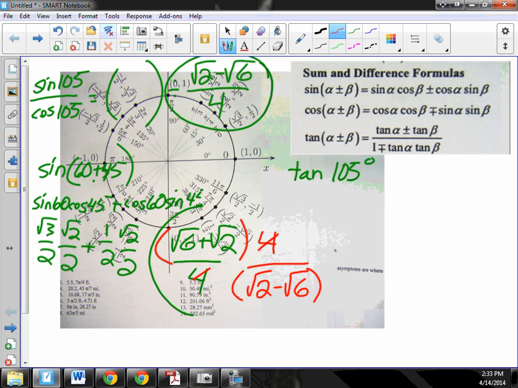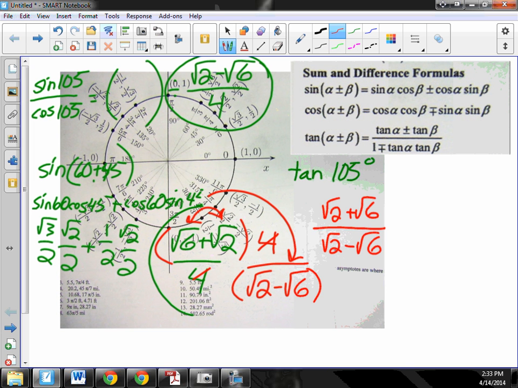And the 4's cancel. And I'm going to switch these around so they match those. So I'm just going to flip the 6 and the 2. So root 2 plus root 6 over root 2 minus root 6.